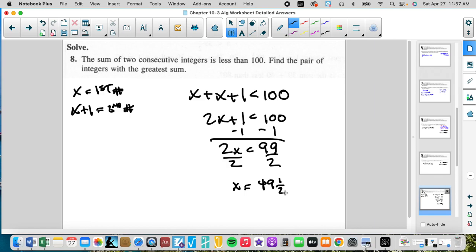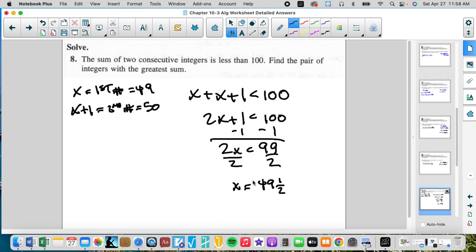The first integer has to be, well, that's not an integer, so we have to do 49. So x must be 49, and the next consecutive integer would be 50, and the sum of those would be 99, and that would be less than 100.